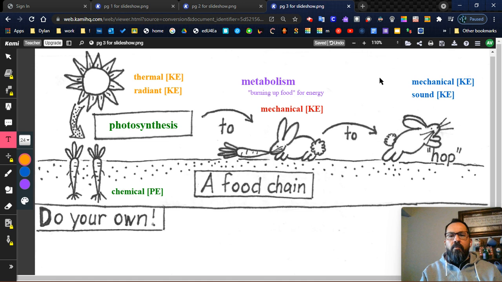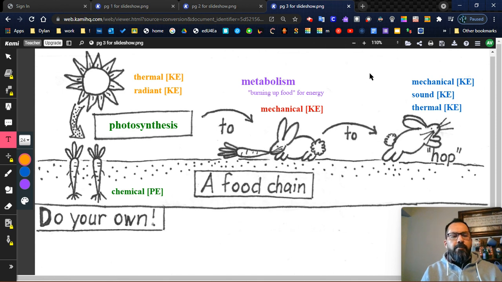But there's other things that happen. The rabbit, because of the metabolism, is going to produce thermal energy. Any animals or organisms that eat food are using that metabolism to make energy, and in turn, produce a lot of thermal energy too. That's why when you exercise more, you get hot, you start sweating.